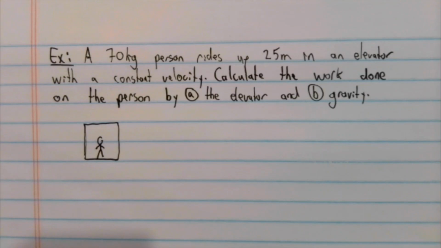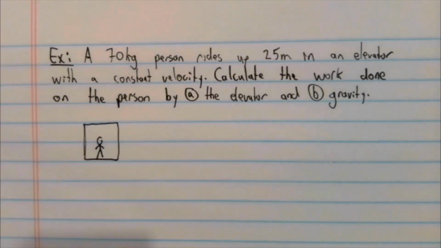I believe that'll be all the information on. Okay, a 70 kilogram person rides up 25 meters in an elevator with a constant velocity. Calculate the work done on the person by A, the elevator, and B, gravity. So this addresses one of our weird definitions from early on.